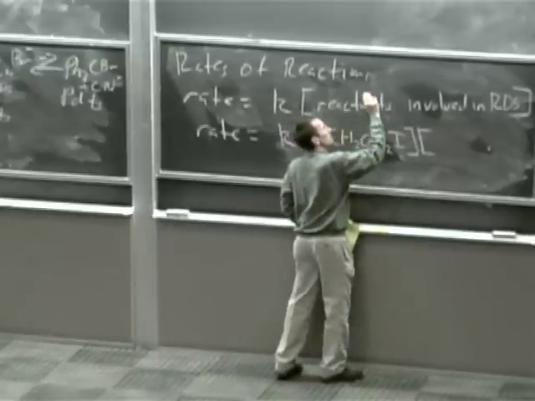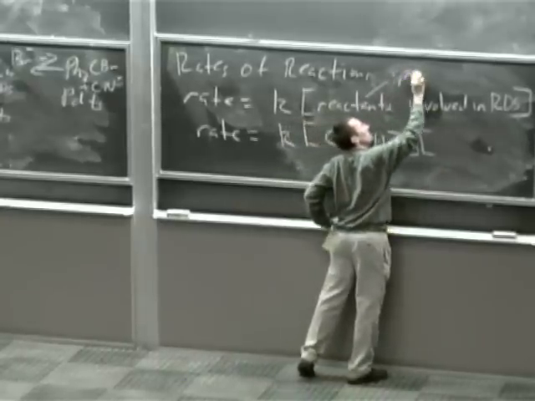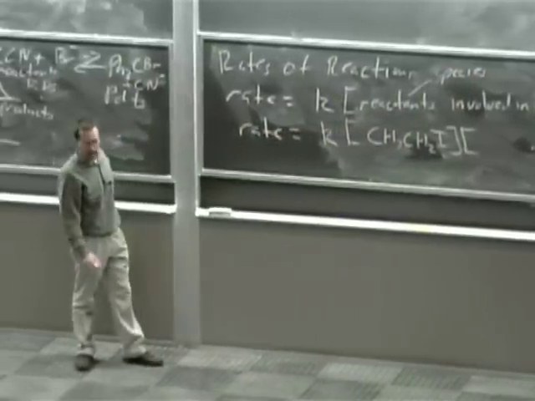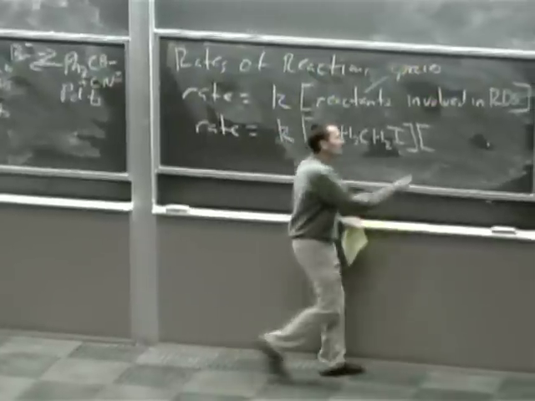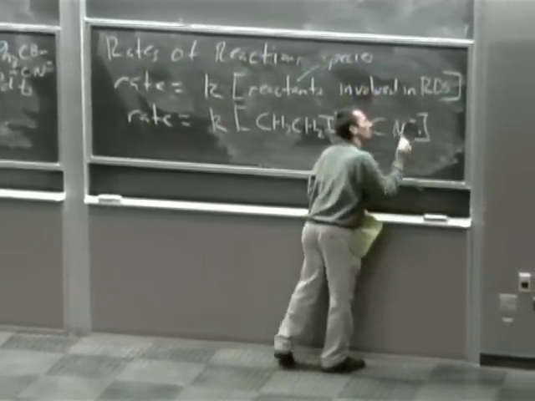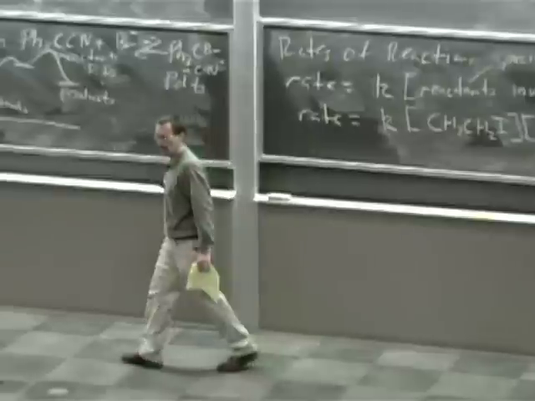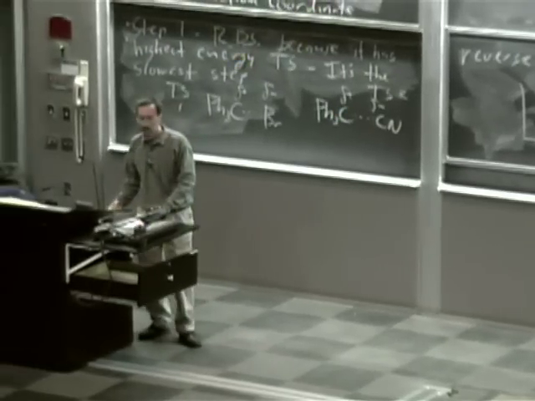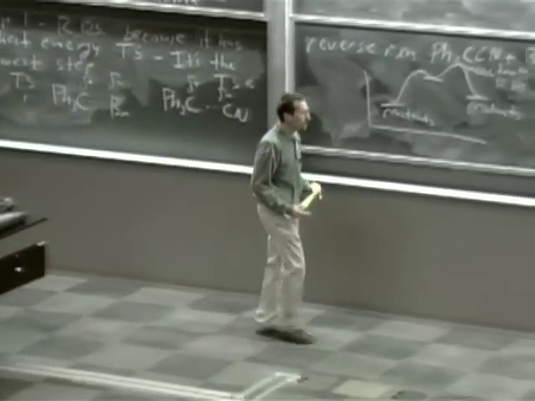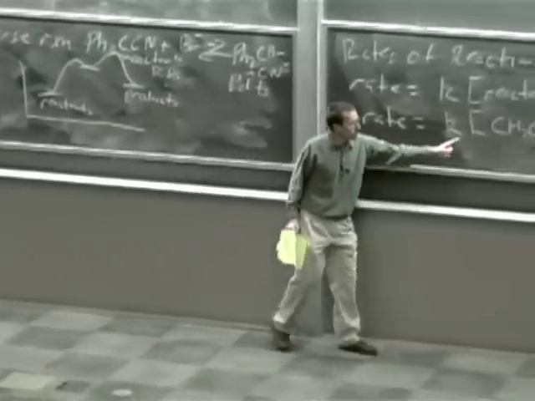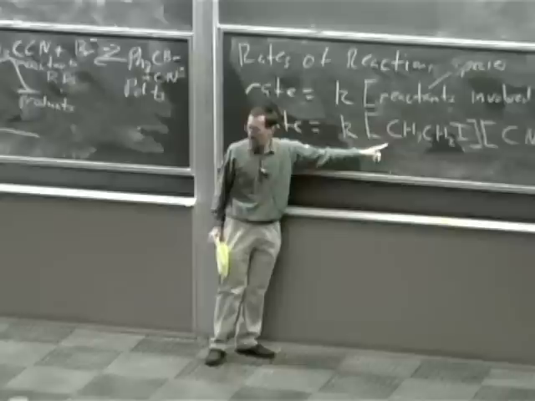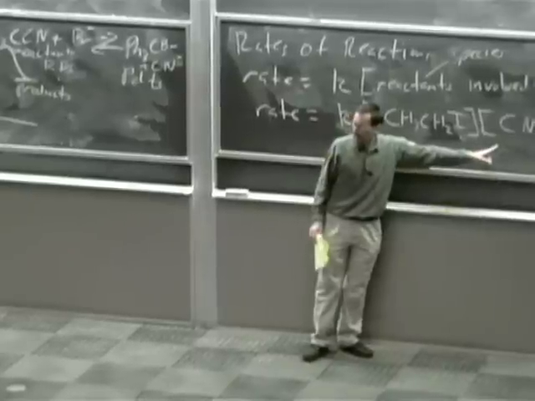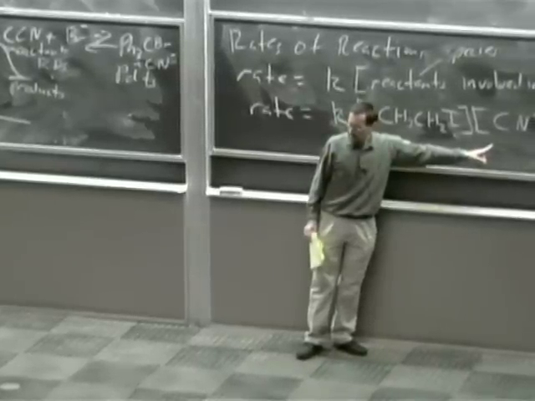And perhaps I should say, just so I clarify it, I'll say species, because of course they might be intermediates as well. So we have ethyl iodide in the rate determining step, and we have cyanide in the rate determining step. What does this mean? You double the concentration of ethyl iodide, you double the rate. You double the concentration of cyanide, you double the rate.